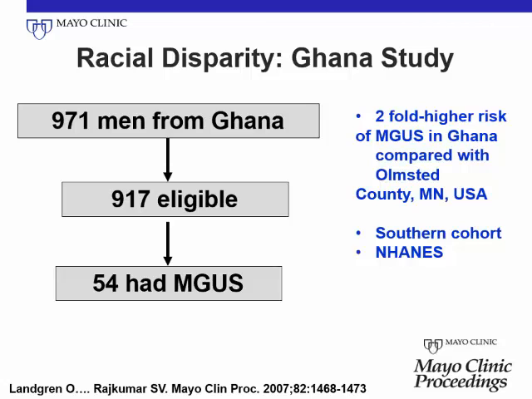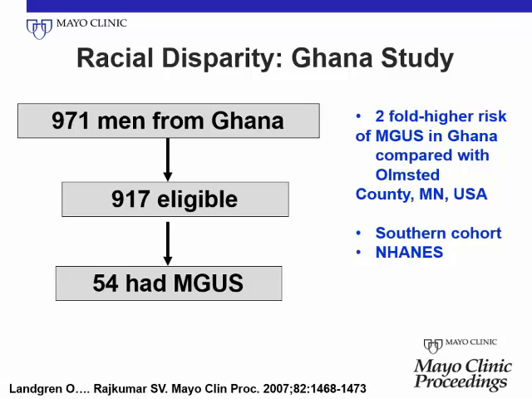We then asked, if there's an increased risk of MGUS in African Americans, is this risk there in Africa as well? Or is this something environmental that happens in the United States based on the locations where population centers are? So this study was done in Ghana.